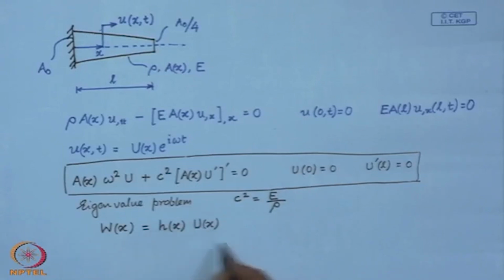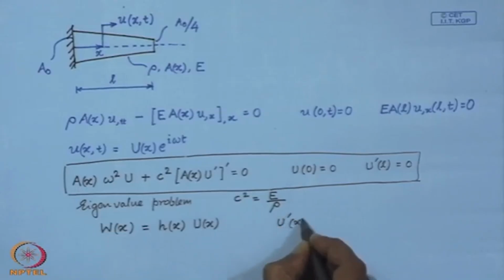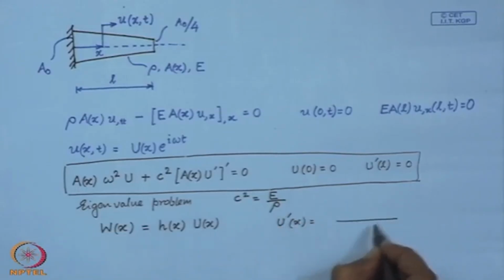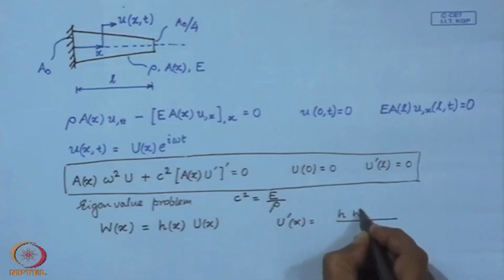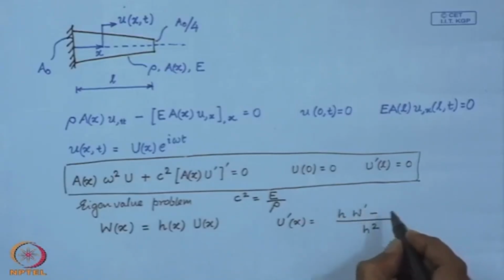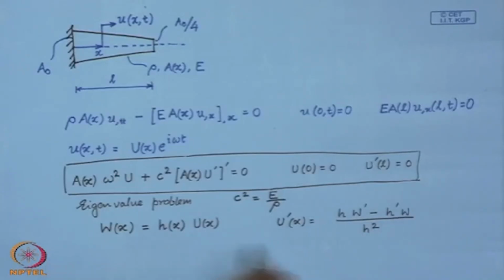Now, if you differentiate, so u prime of x can be written as, so this implies.